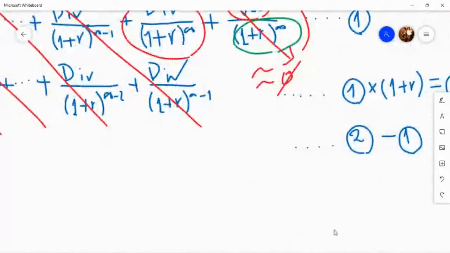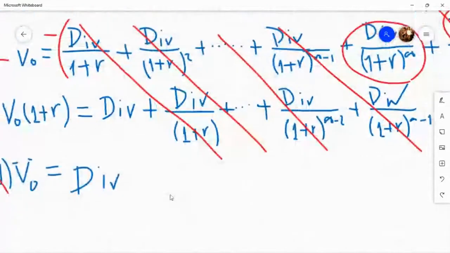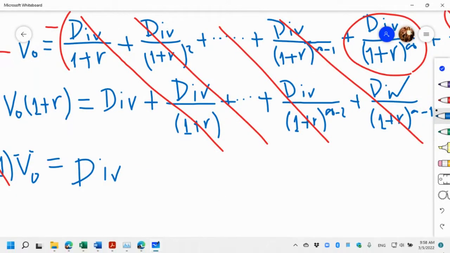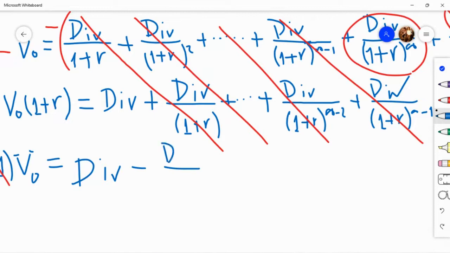But this is pointless, because whatever is left there is the dividend over 1 plus r raised to infinity.